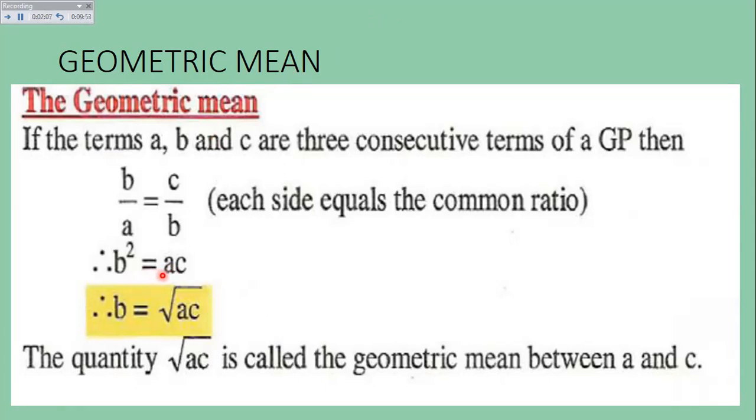So B squared is going to be A times C. Meaning for you to remain with B, you're going to say the root of AC. B is going to be the root of AC.